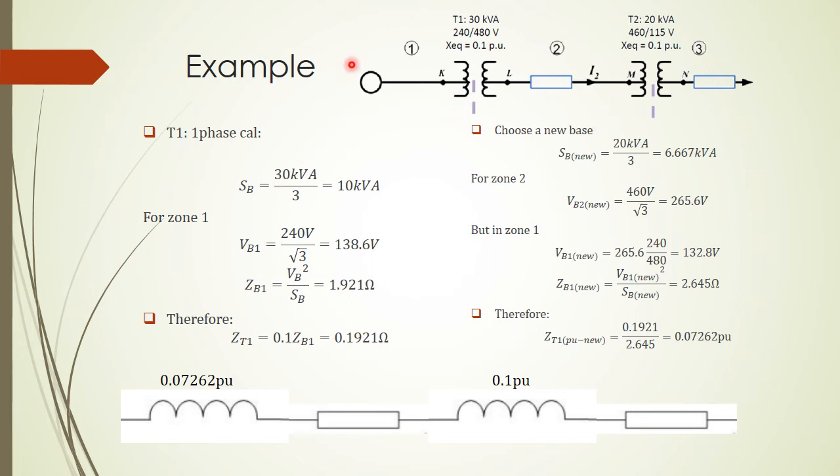This is the base voltage here. However, for zone 1 we need to multiply it with the turn ratio, which is 265.6 multiplied by 240 over 480.